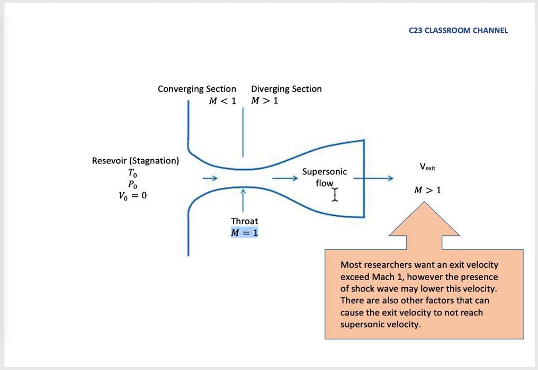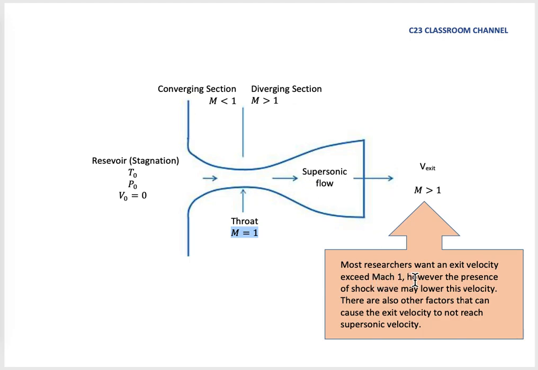In the diverging section, the energy that compressed the density is released into velocity. So it can make the flow in the diverging section go more than Mach number 1. We call this supersonic flow because the Mach number is more than 1 at the exit. This is the usage of the convergent-divergent nozzle. The basic idea is to create flow more than Mach number 1.